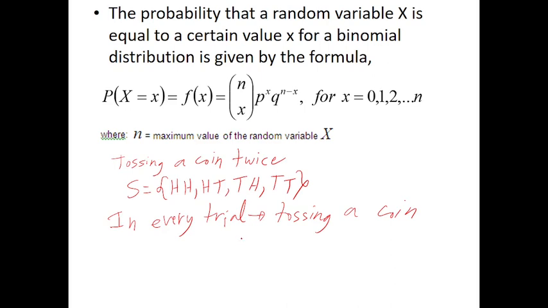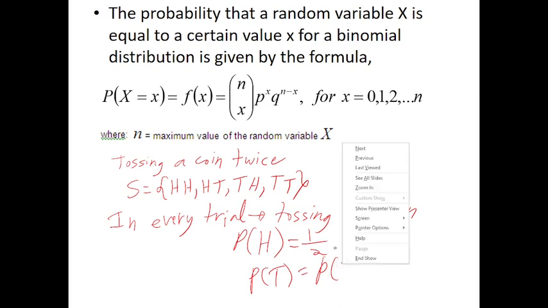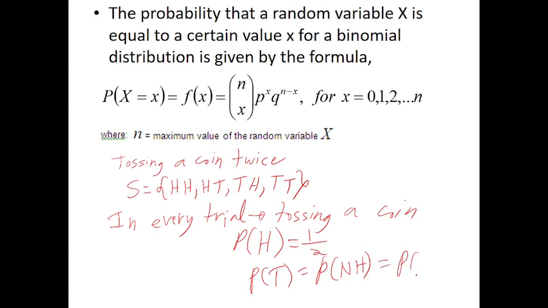Now, the probability that head will appear is 1/2, right? And the probability that tail will appear, meaning head will not appear, not head, is denoted H prime.